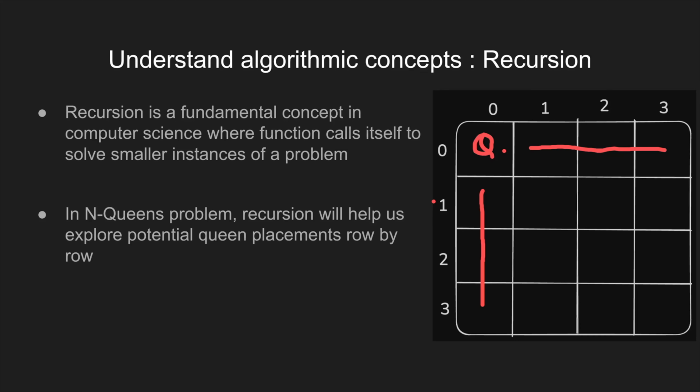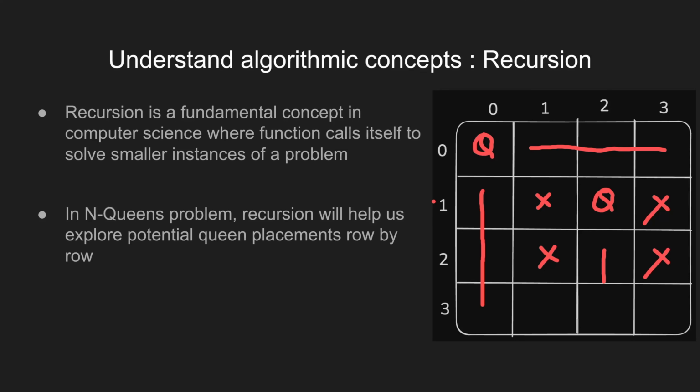So according to this position, this column is also gone. So we'll place here. According to this placement, this row is also gone. After placing on this row, we will check these diagonals.